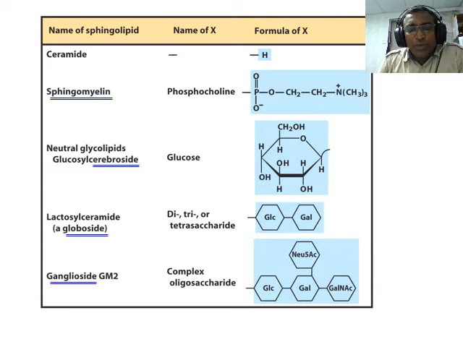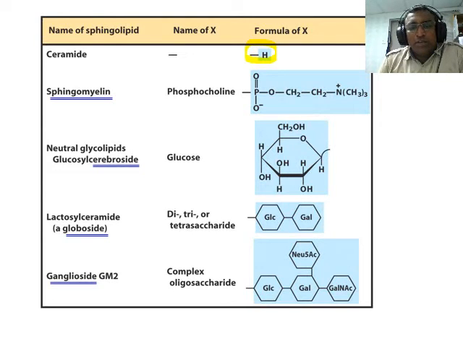So you have here various components or groups replacing the X. If it's only hydrogen, then it is referred to as ceramide. Then if it's phosphocholine, it's called sphingomyelin.